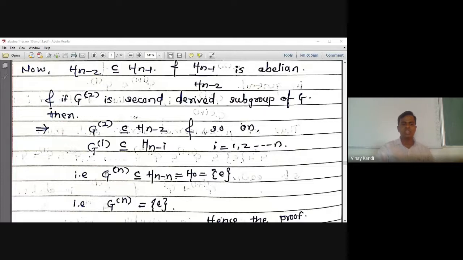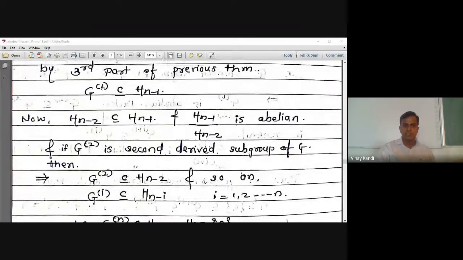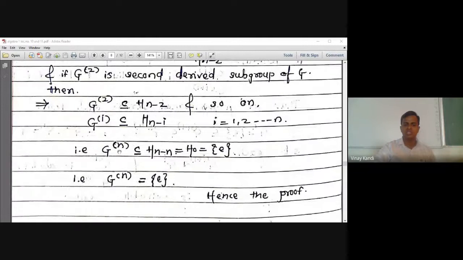Then what will come for Gn? G1 is contained in H_{n-1}. When it is 1 here, it is 1 here too. G2 is contained in H_{n-2}. So Gn is contained in, what will come? H_{n-n}. n minus n is nothing but 0.